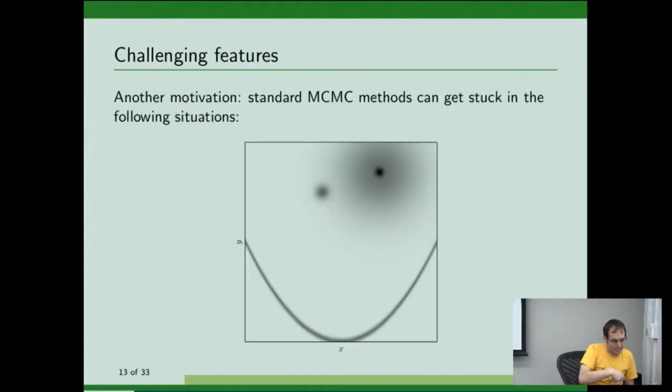So one advantage of nested sampling over just standard MCMC is that, firstly, the problem of phase transitions is completely solved. The problem of multiple modes and strong correlations is never completely solved, but it can give you a better chance of getting decent samples than just running an MCMC.